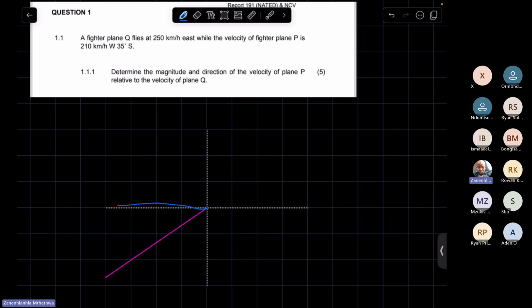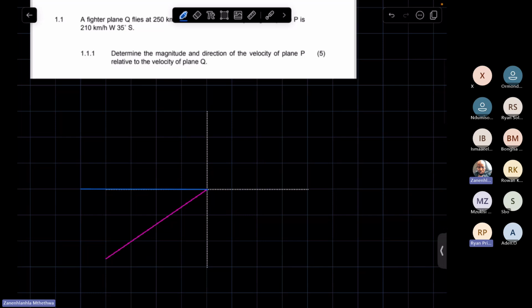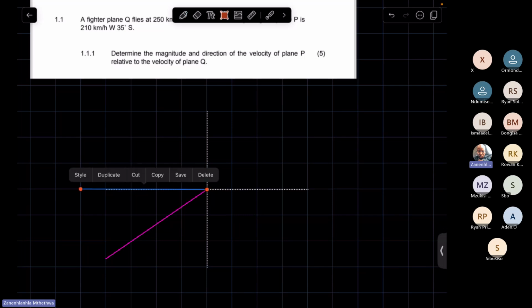So you draw Q going west. Can everyone still see this? Yes, sir. Yep, sir. Right. Let us do this. This one is a bit skewed. Okay, let's put it there.